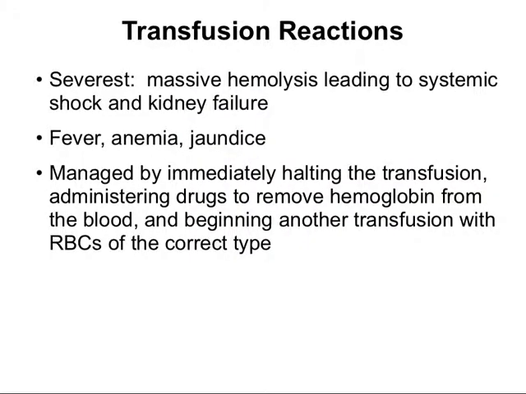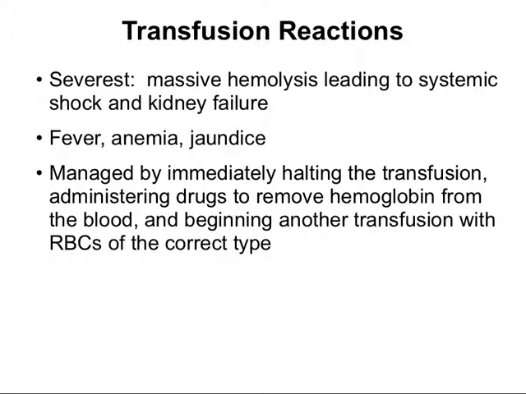So transfusions of the wrong blood type cause a differing degree of adverse reactions, the most severe of which results when the donated blood cells react with the recipient antibody and trigger the complement cascade, because you'll recall complement proteins assemble to make holes in cells, so they're going to lyse.